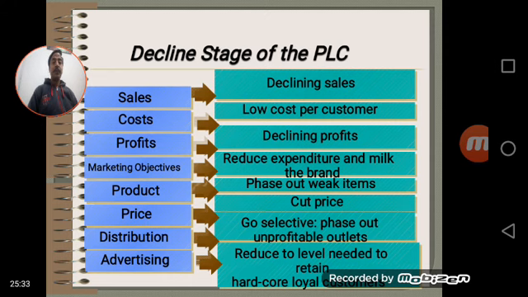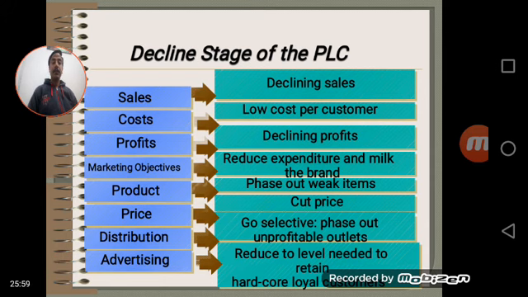Now the product: you will phase out weak items from your product line or product mix, those products that are not doing well or whose life cycle is already reaching the maturity period. Now they are in the declining stage. Why keep the loss-making product? So what you will do, you will phase out or just eliminate that product mix or product line.